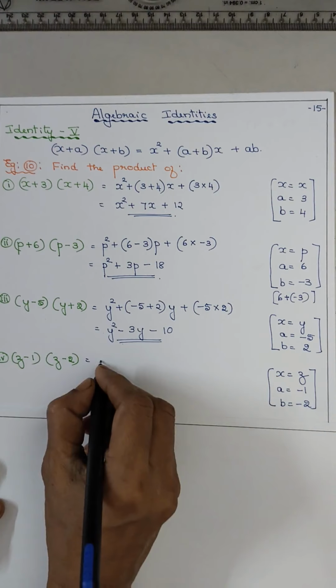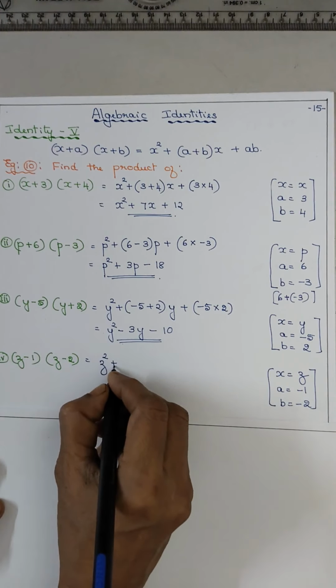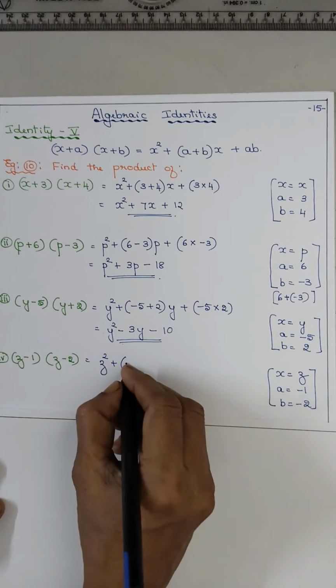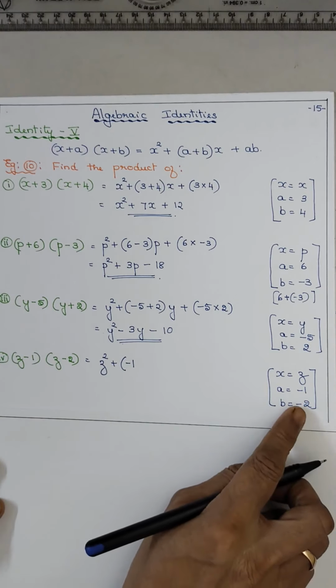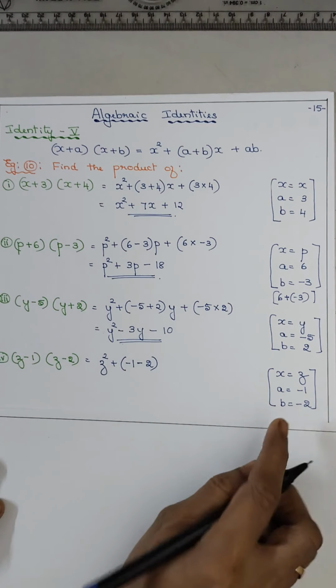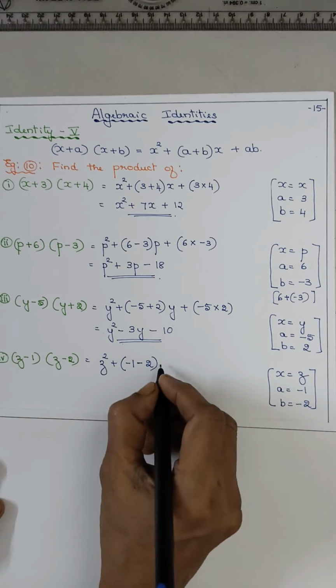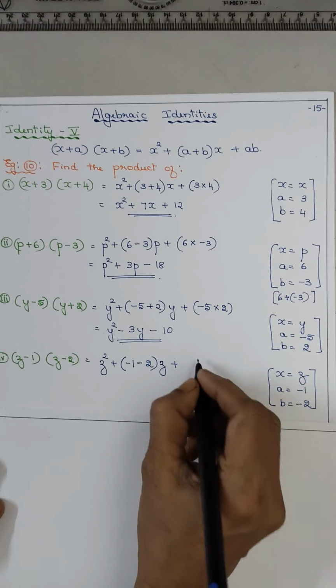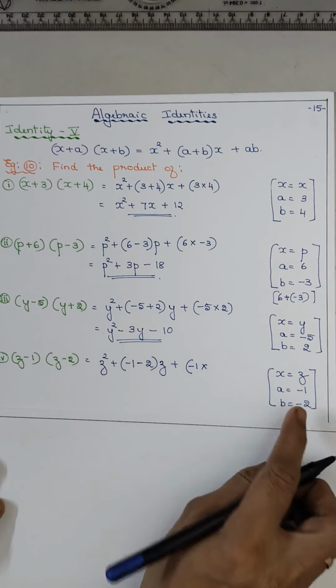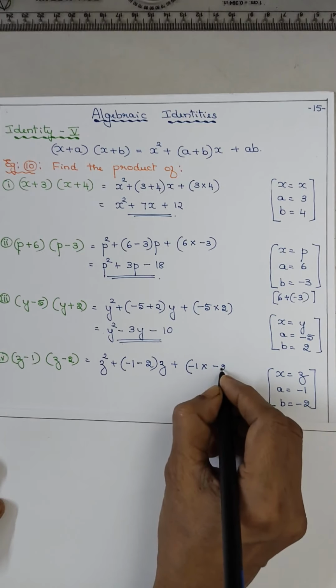X square, that is z square, plus bracket open a plus b, minus 1 plus minus 2 means minus 2, x, that is z, plus bracket open a into b, minus 2.